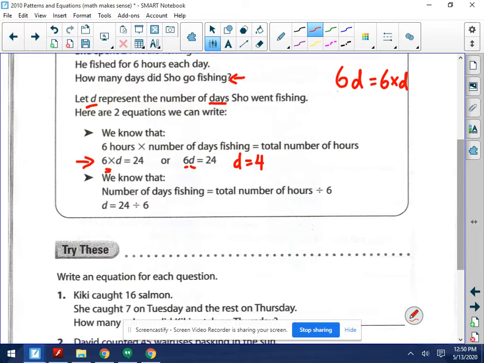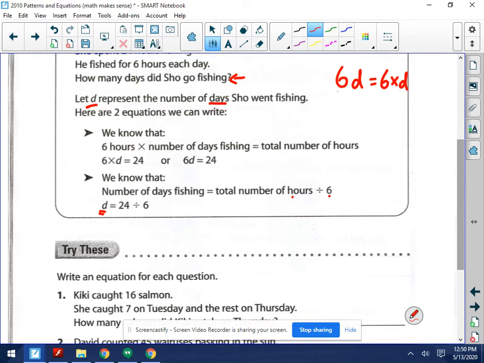We could write the equation another way, and that's a second example that we have down here. The second thing is, we know that the number of days he was fishing equals the total number of hours divided by the 6 hours a day.